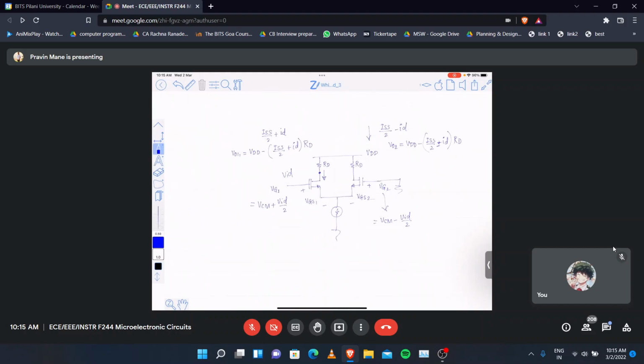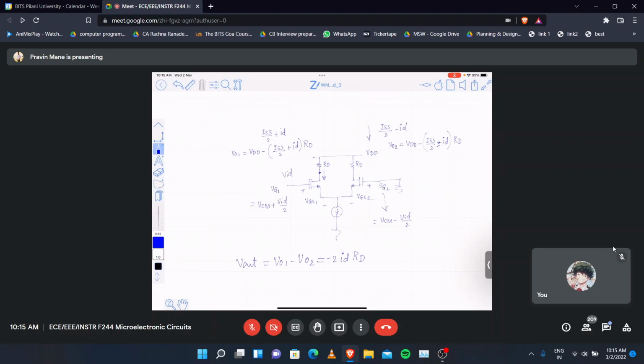If I take the difference, what is Vout? Vout is VO1 minus VO2. What will it be? 2 times ID into RD, and that will be negative, I think. Negative, okay. 2 times ID into RD.